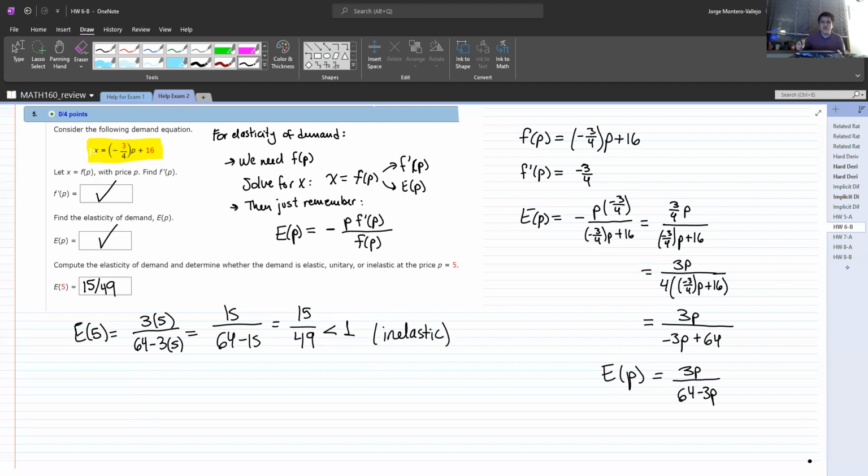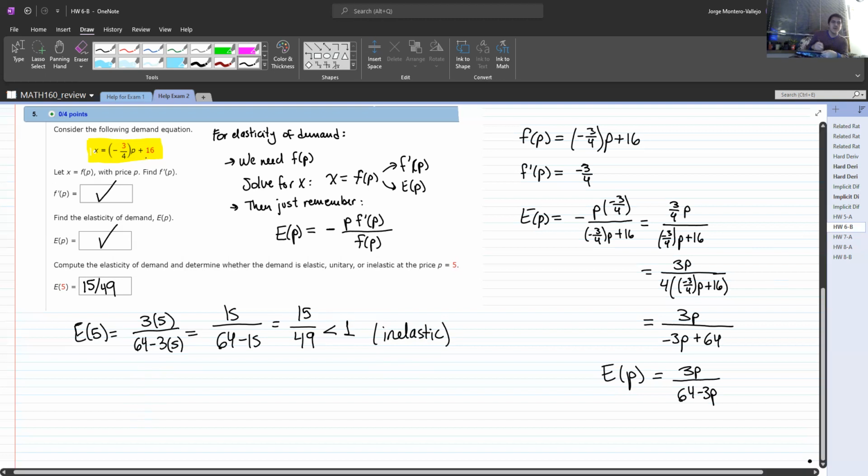Okay, so that's it for problem 6b. I don't think anything else will be asked about a demand and elasticity of demand problem, besides maybe interpreting this result, right? Which, as you all remember, let me write here the interpretation.